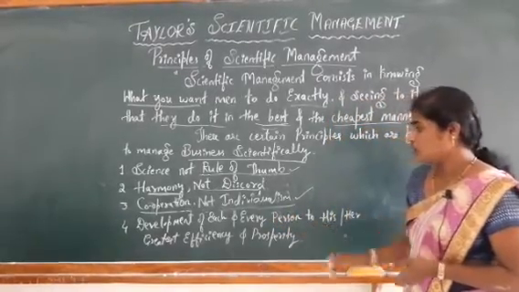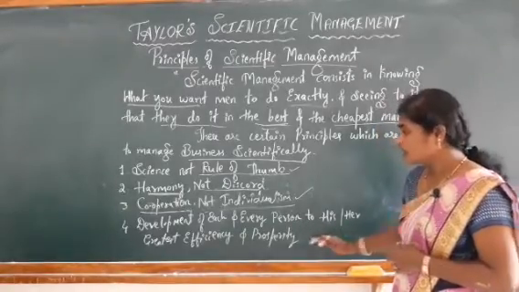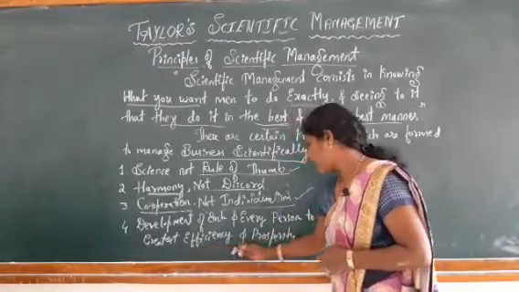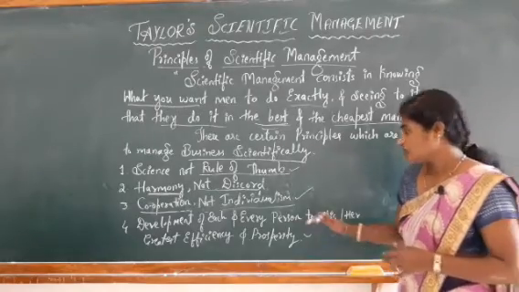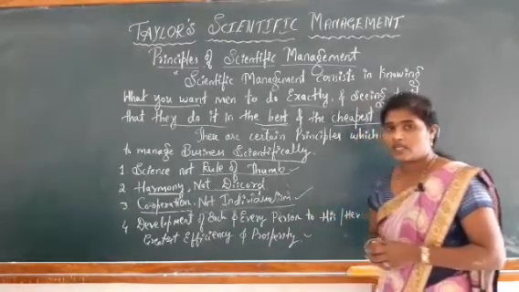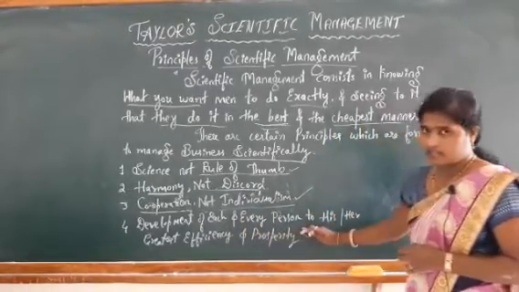Next is the development of each and every person to his or her greatest efficiency and prosperity. The fourth principle says that to develop the business organization, first you have to develop each and every person.